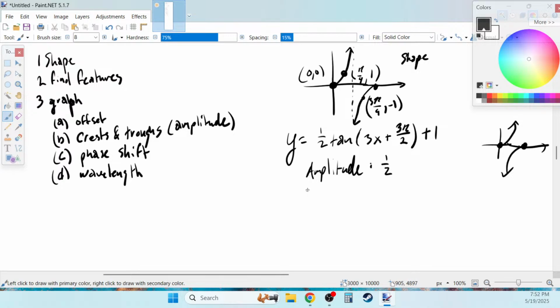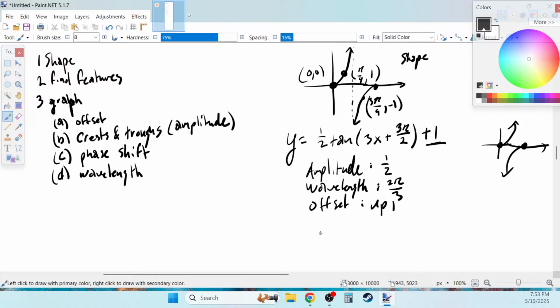The wavelength is going to be 2 pi over 3. Offset is going to be up 1.